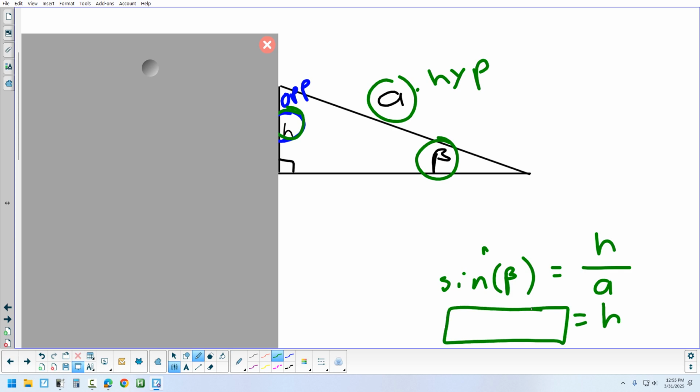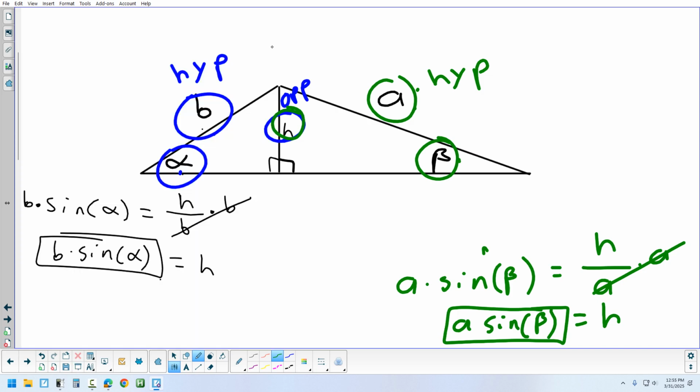How would we get A on the left side? Times it by A. And what would go in that box? A times sine beta. Yep. So that is another formula to find the height if you knew this angle and that side. So it's a different way to find the height of that triangle.